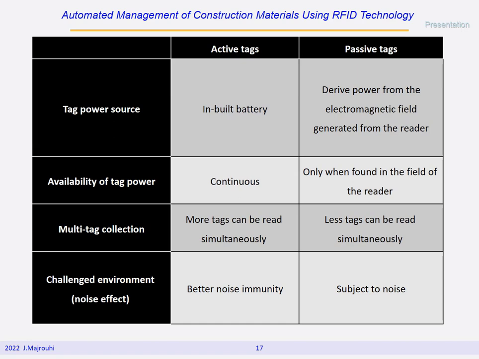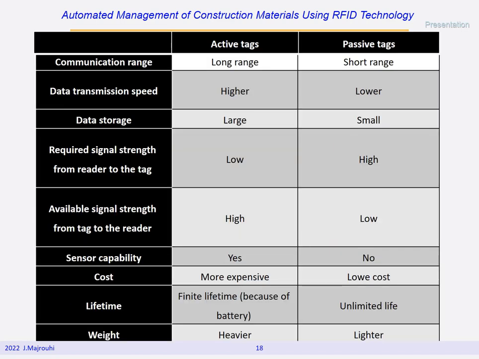In challenging environmental specification, active tags have better noise immunity, but passive tags are subject to noise. On the other hand, active tags have a long communication range. Their data transmission speed is higher and they have more data storage.